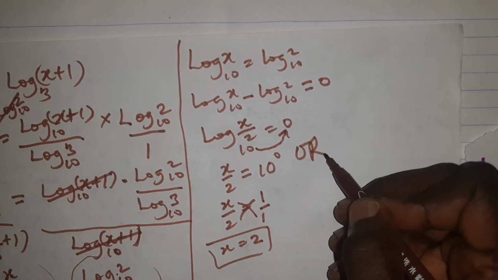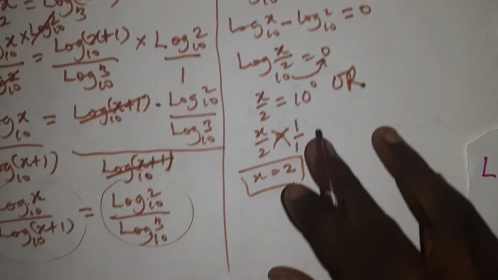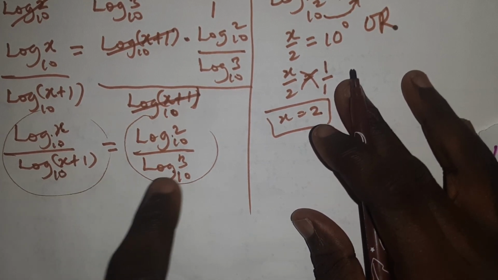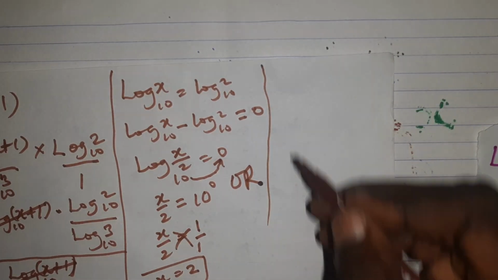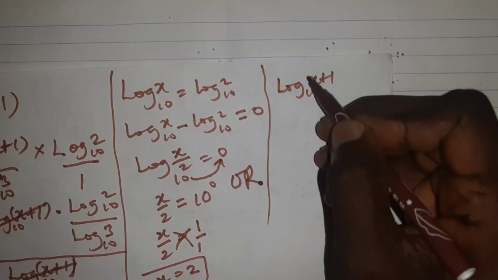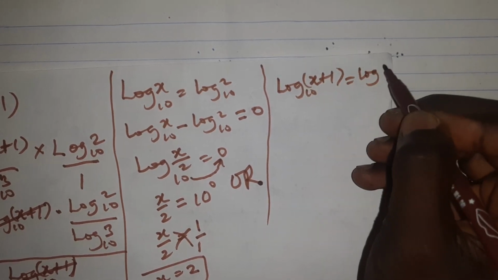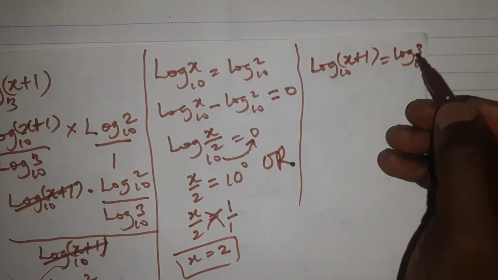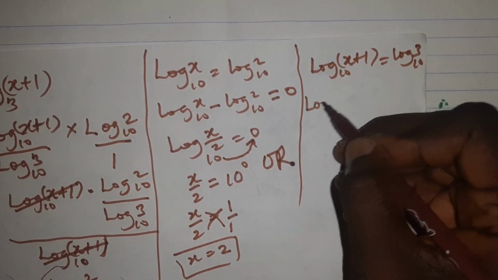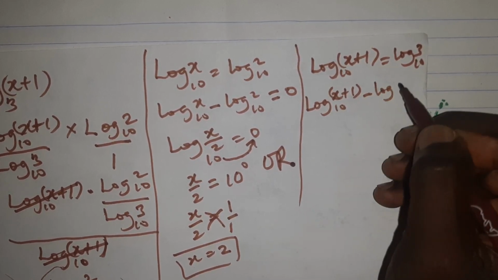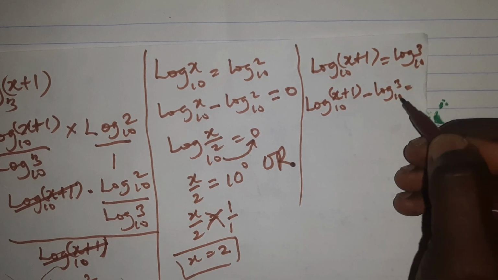Or we could equate the denominators and see if we are going to get 2 also. So log x plus 1 base 10 equals log 3 base 10. Let's equate them and see the magic here. Then moving this log to the left hand side, we have log x plus 1 base 10 minus log 3 base 10 equals 0.